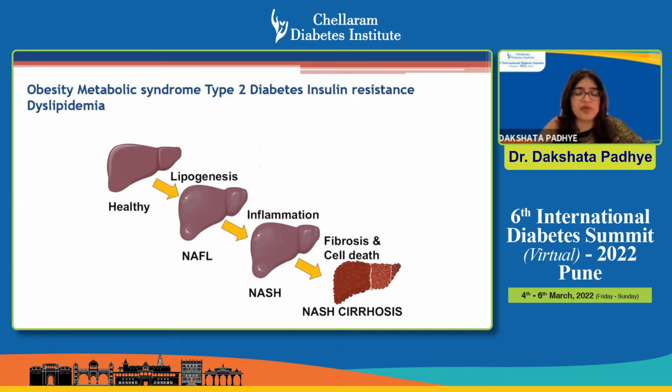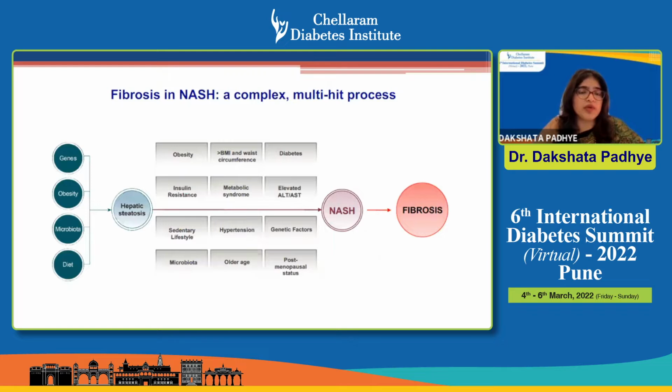Very rarely do we see patients with cirrhosis at diagnosis, but we need to be very proactive. Today I'm not going into the details of NASH pathophysiology, as the topic is FibroScan. So I'll directly talk about the complex multi-hit process, which accelerates the process of hepatic steatosis to NASH and fibrosis.